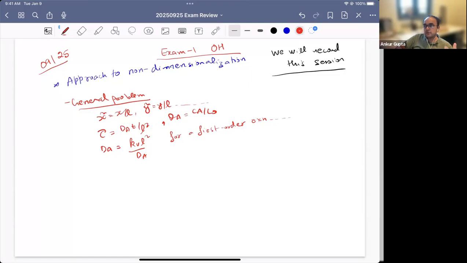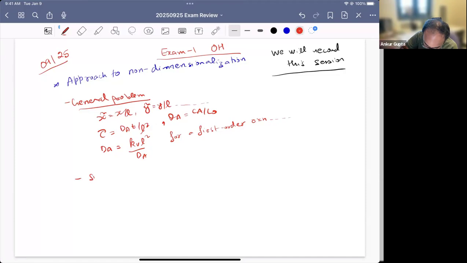A more specific question is what happens for similarity solutions, which are slightly more specific. There, you're converting a PDE into an ODE, so the goal is not just to make the equation dimensionless. The goal is to reduce from a 1D unsteady problem to a problem in terms of a single variable. That's slightly more involved.